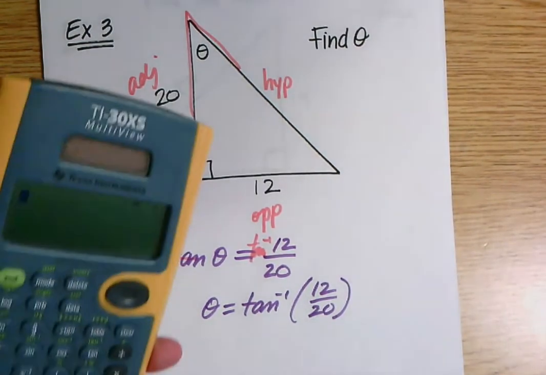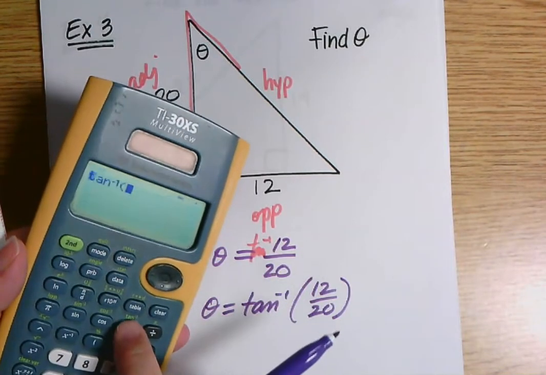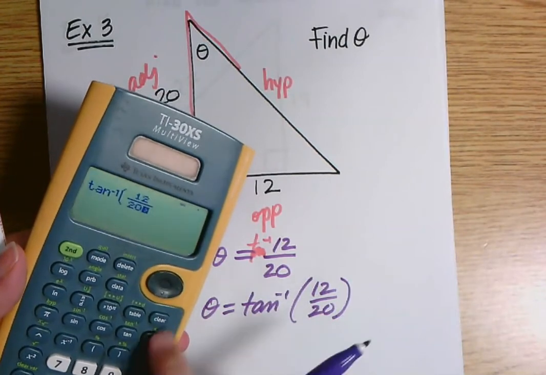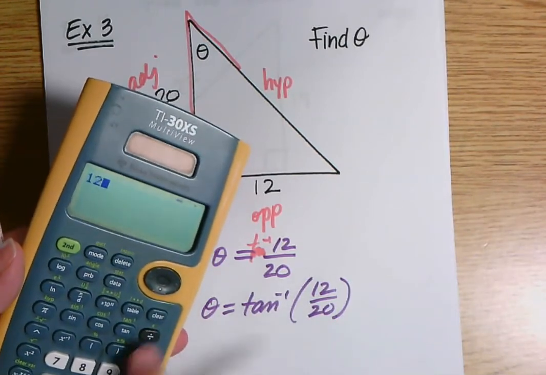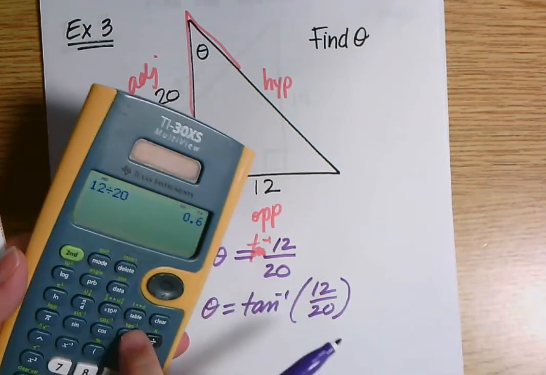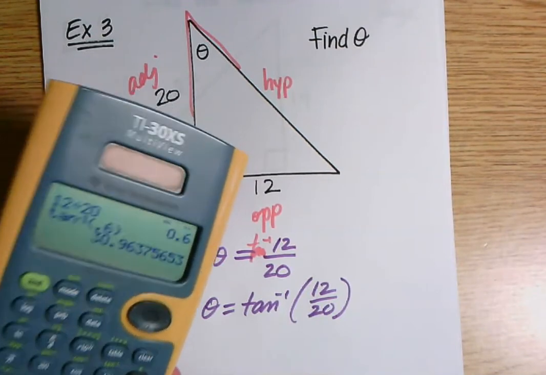Always get your variable alone before you try to put it in the calculator. So inverse tan 12/20. Let's do it a different way here. I could change this to a decimal first. It's 0.6 and just do inverse tan of 0.6. A lot of times you'll see a decimal there. Get the same thing either way.